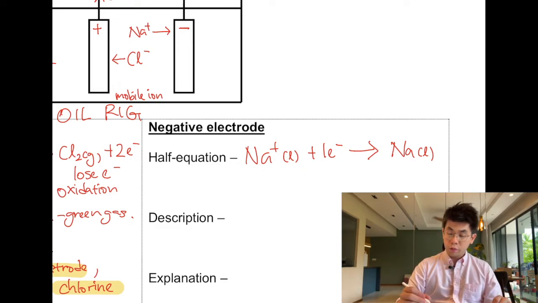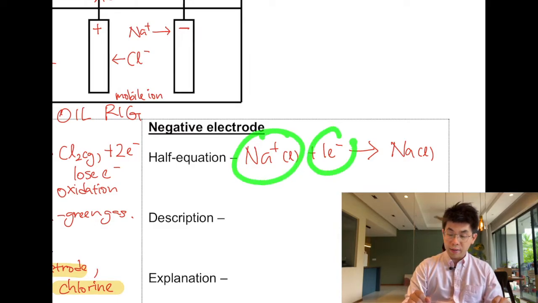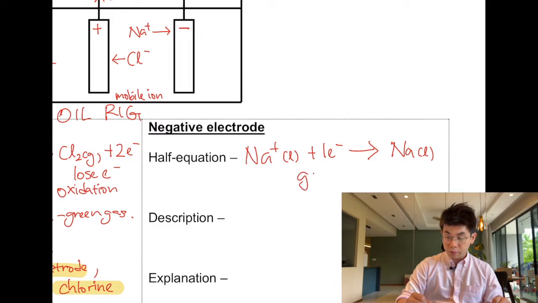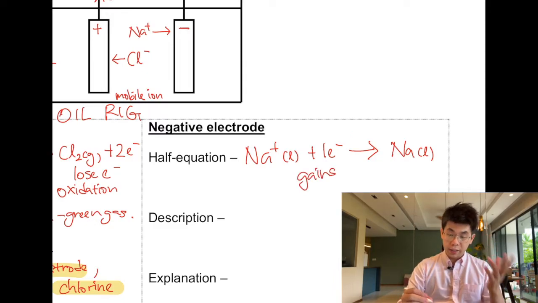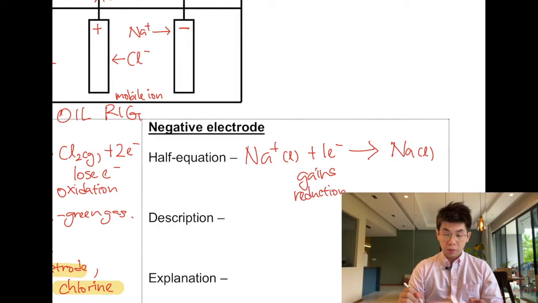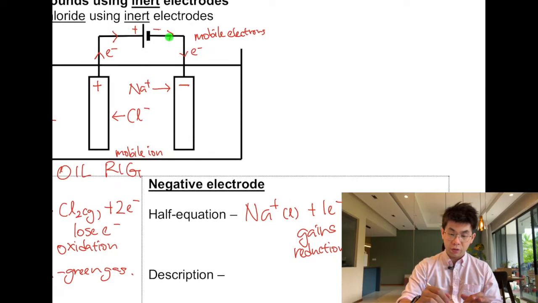Over here, you must notice that this species gains the electron. Because it gains electrons, by OIL RIG, this side is a reduction. Let me check, is it true? Did I gain an electron? Yes, I gain an electron. See, the electron enters the electrode.